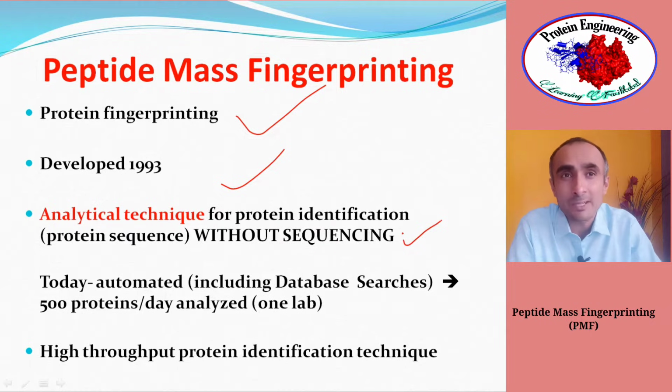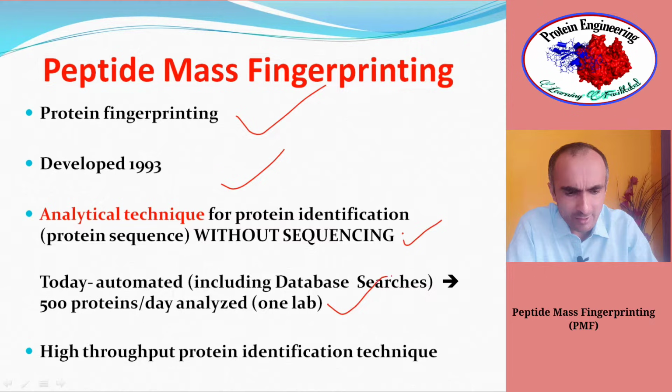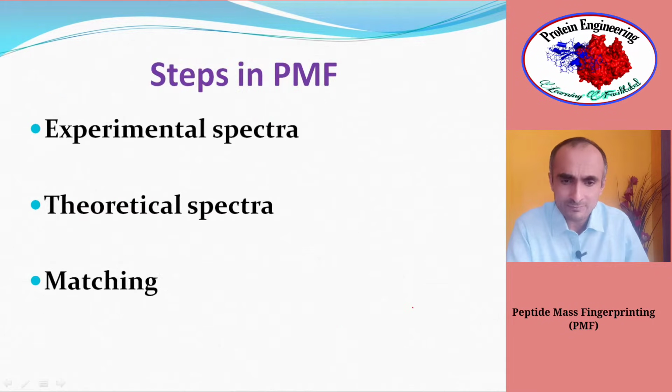But in peptide mass fingerprinting there is no sequencing required, and that's also an advantage of this technique. And it's very rapid. In today's time almost 500 proteins per day can be identified in a typical proteomics lab. And it's a high throughput protein identification technique because a large number of proteins are identified using PMF.